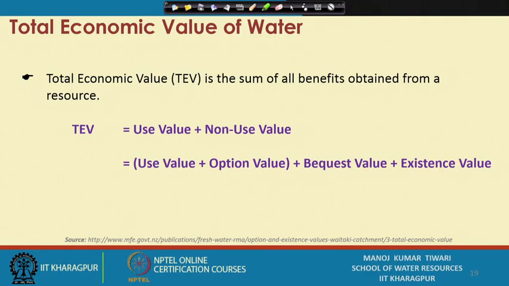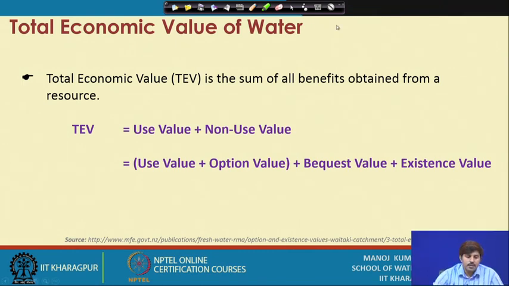So, if you see, the total economic value of water would be the sum of all benefits obtained from a resource: use value plus non-use value. So, your total economic value, which is your TEV, you see here.